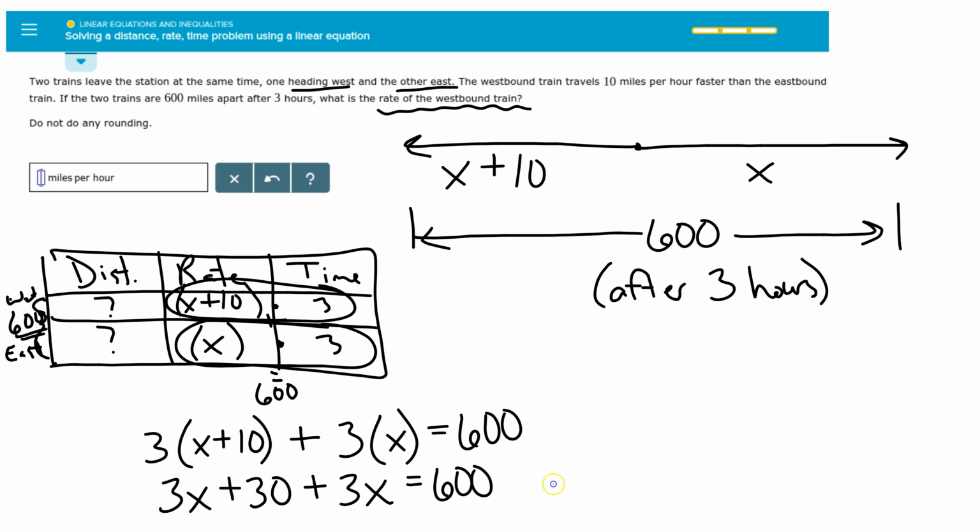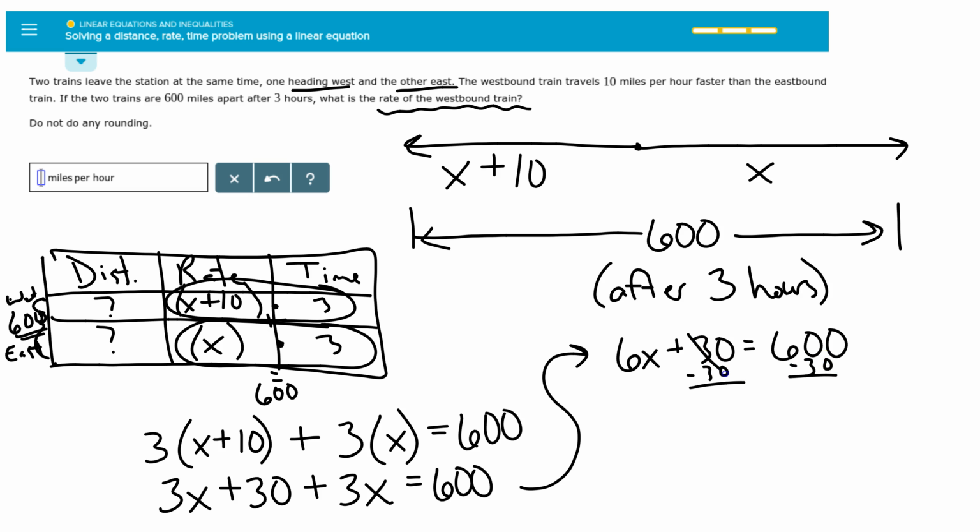Combine like terms, so I'm going to move my equation up here. That gives me 6x plus 30 equals 600. Subtract 30 from both sides. So 6x equals 570. Divide both sides by 6.